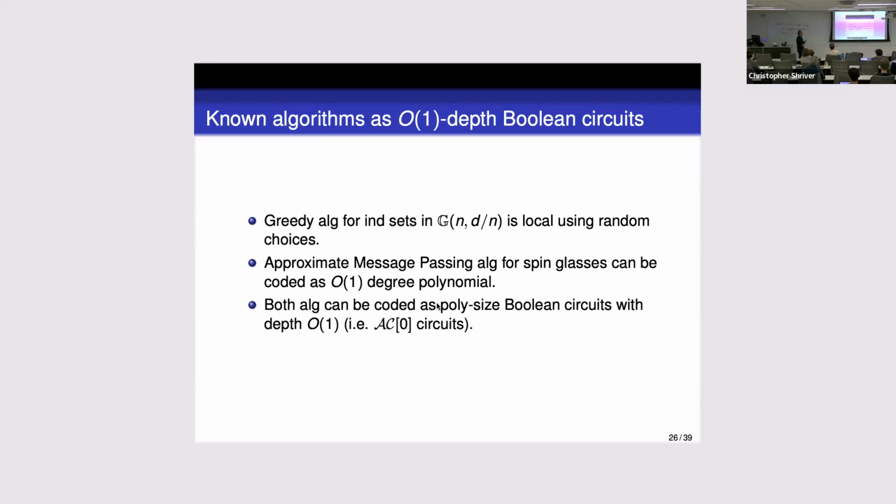So those are special cases. It's not a trivial observation, but it's not too deep. One just has to realize that the type of computation involved in these algorithms can be coded as polynomial size circuits with a constant depth.